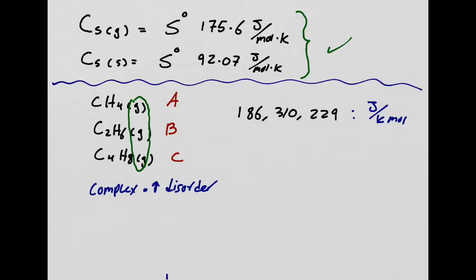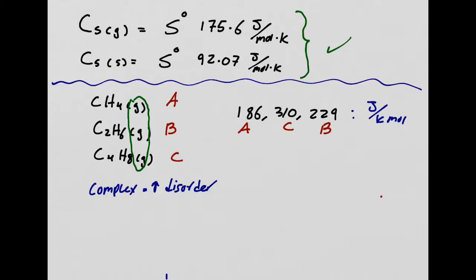So if we had to match, 186 would be A, 310 would be, oh, what did I just do? 310 would be C, and 229 would be B.